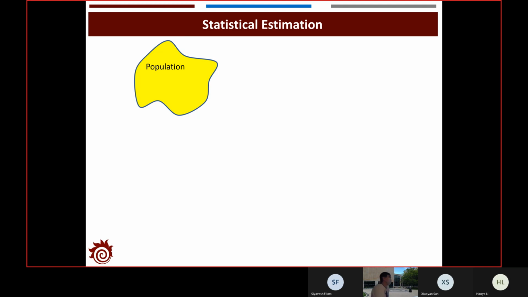There are so many people living in Hamilton, so it's impossible for us to know the data for every household. What we can do is take a small sample, like 1,000 households, and we can then do a survey for these 1,000 samples, which would be any samples we can select from the population.